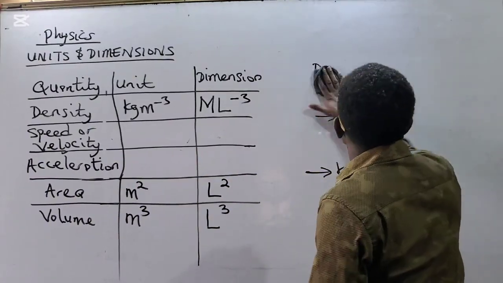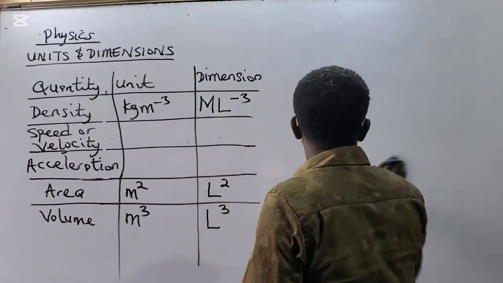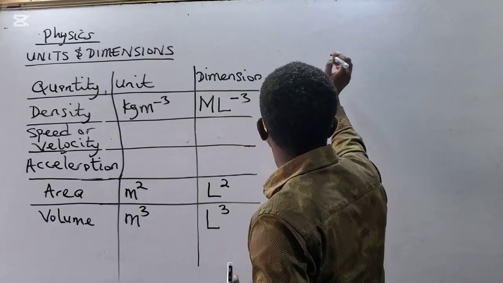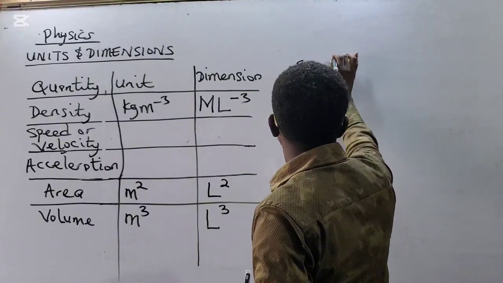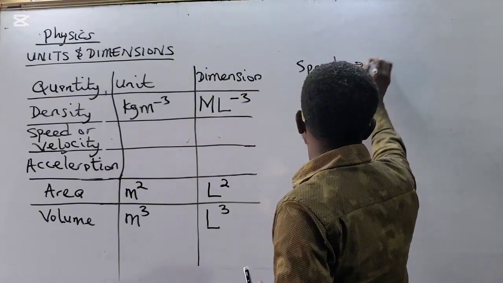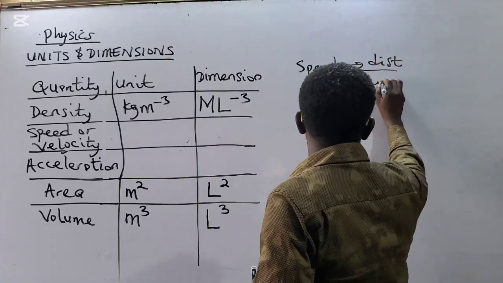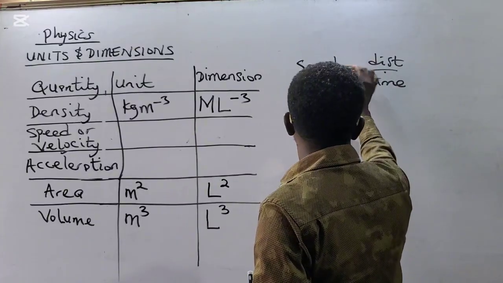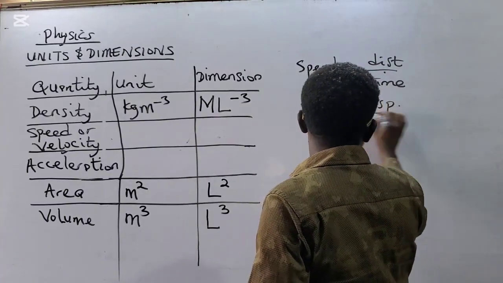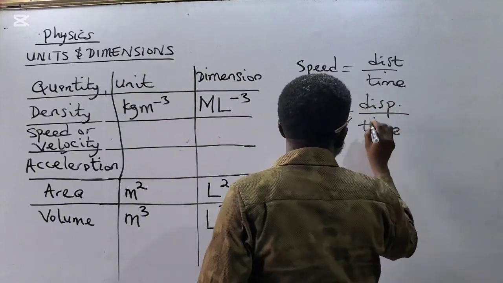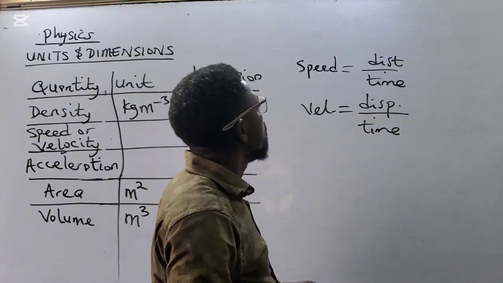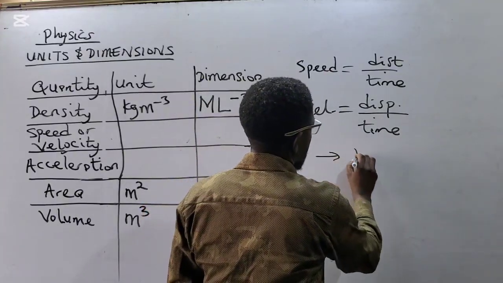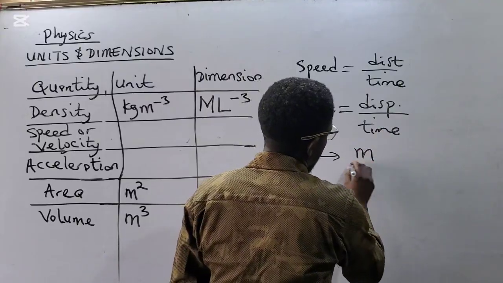The next thing we need to look at is the dimension of speed or velocity. Speed and velocity have the same units. Speed is distance over time, and velocity is displacement over time. The unit of displacement and the unit of distance is the same thing, which is meters, and time is seconds.